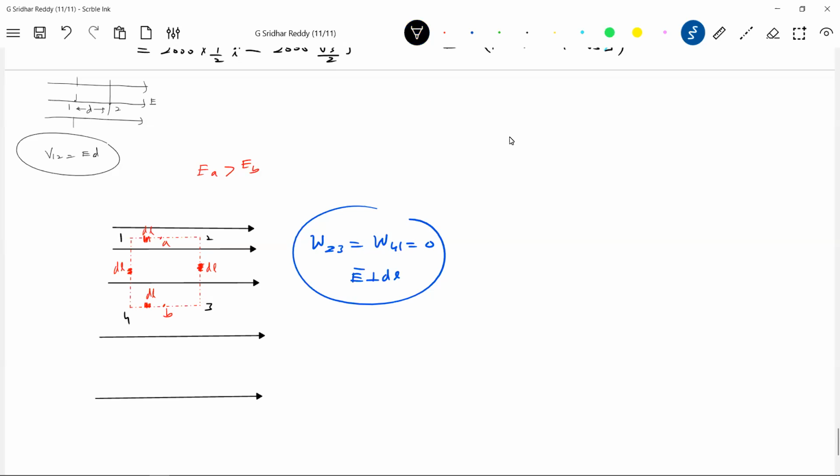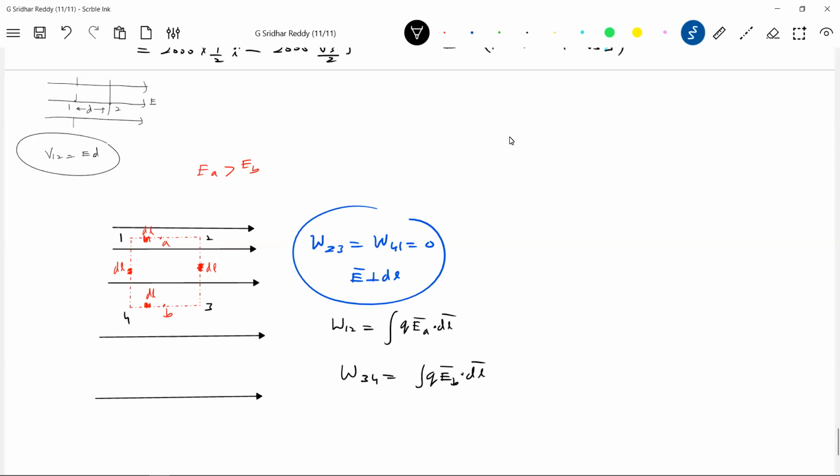Work done along the path 1, 2 should be Q into EA bar dot dl bar. Work done along the path 3, 4 equals Q EB bar dot dl bar.